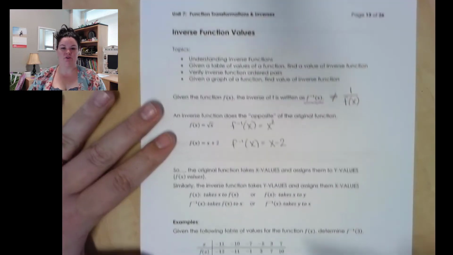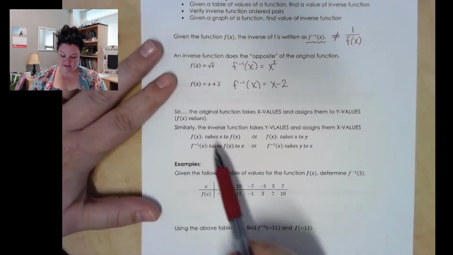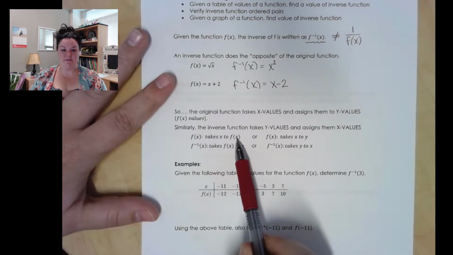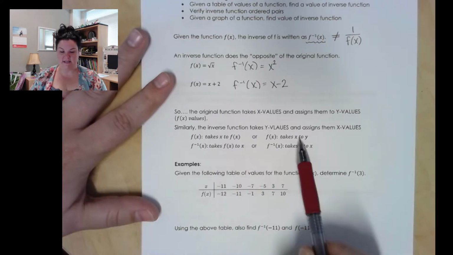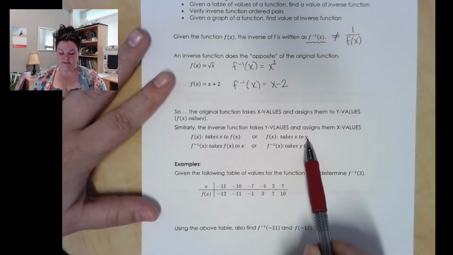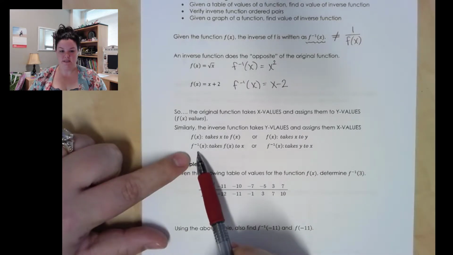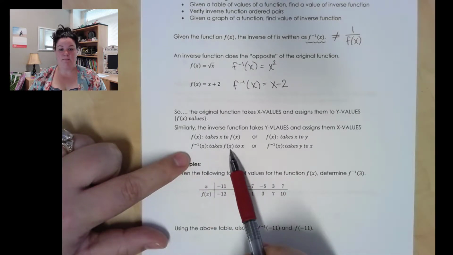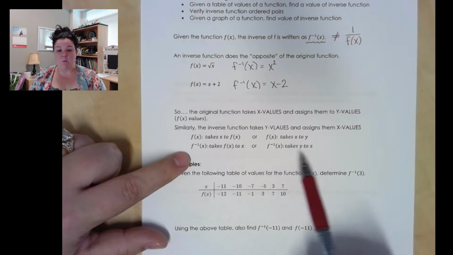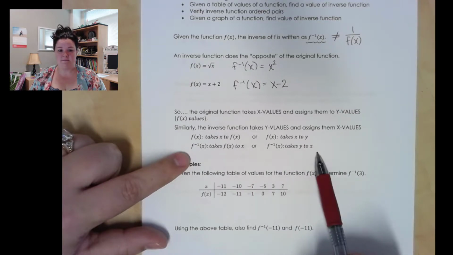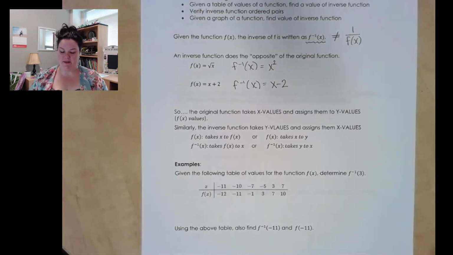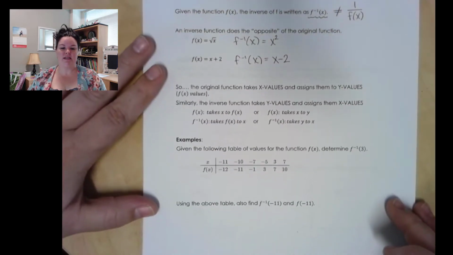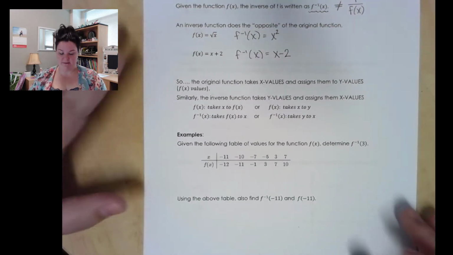So just as a little short note here, f of x takes x to f of x, right? Or in other words, it takes x to y. So that means that our inverse function takes our f of x back to x, or in other words, our y back to x, okay? So let me just show you what I mean by that using a table. So we have this table that represents the function f of x.